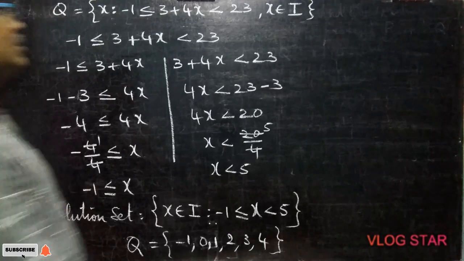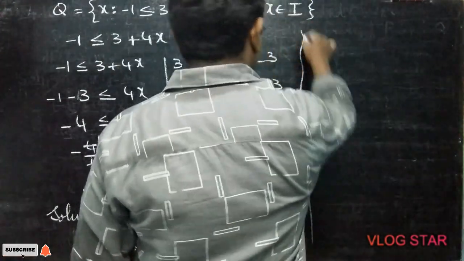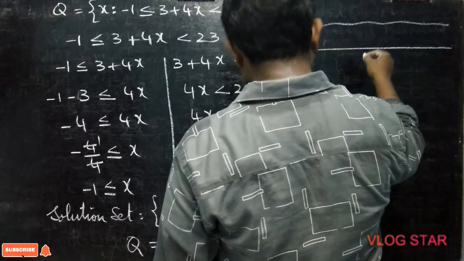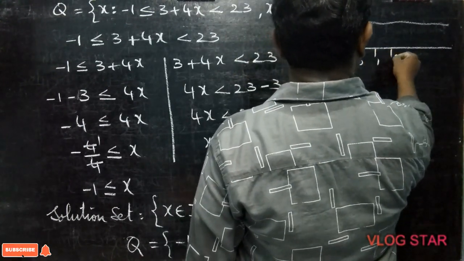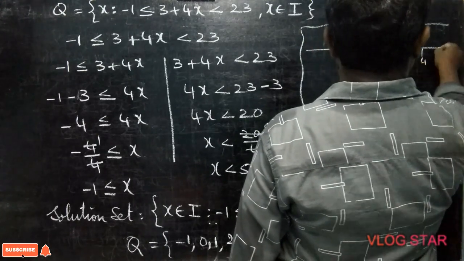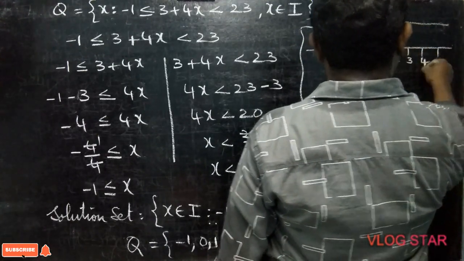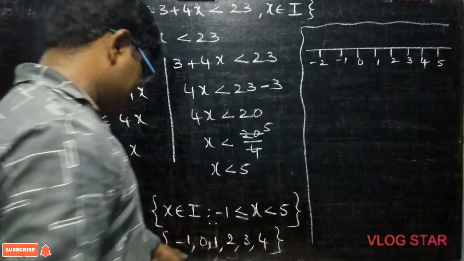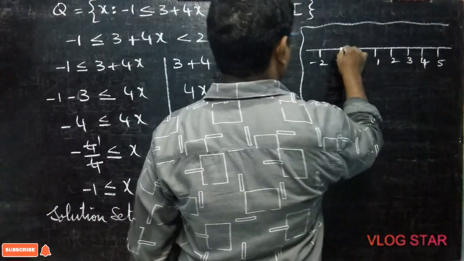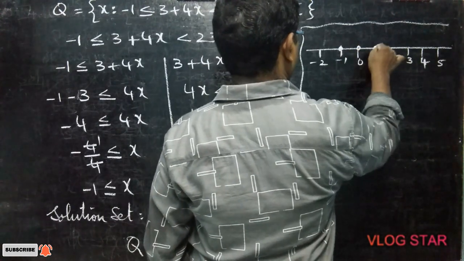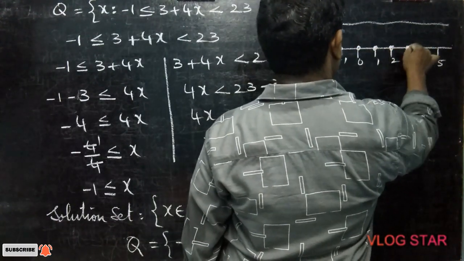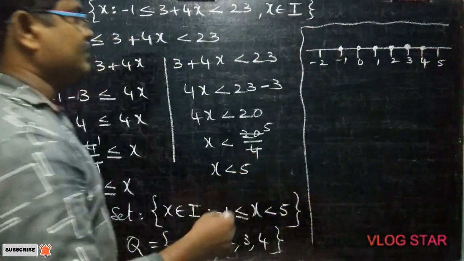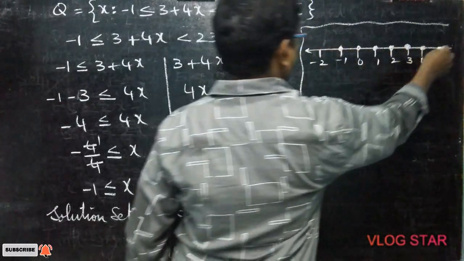So now represent on number line. 0, 1, 2, 3, 4, 5. Now minus 1, minus 2. So integers. So minus 1, 0, 1, 2, 3, 4. That is a way of representing on number line.